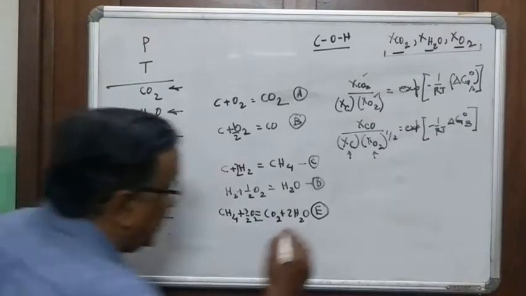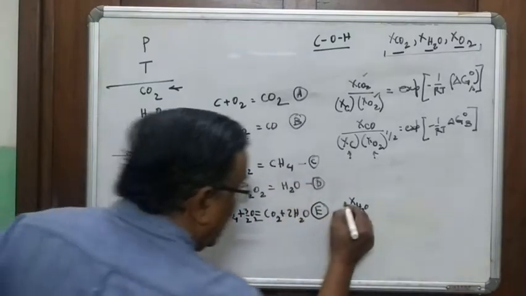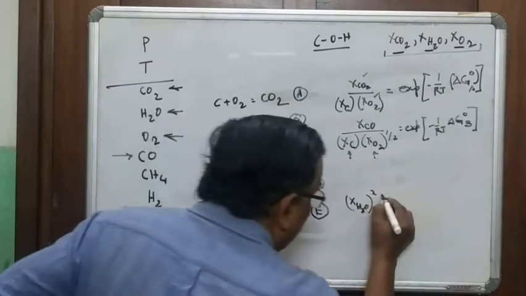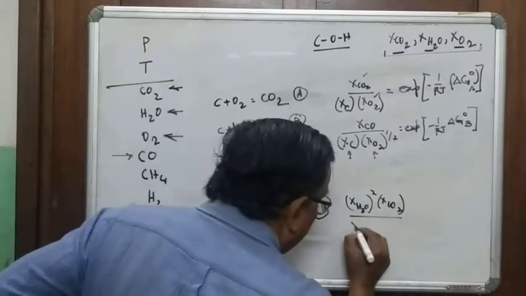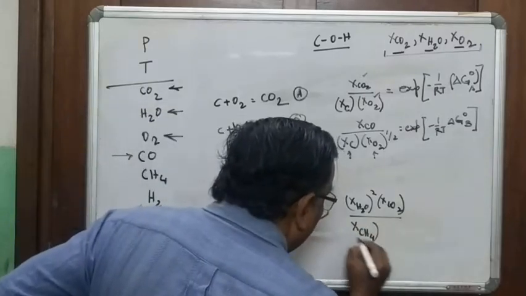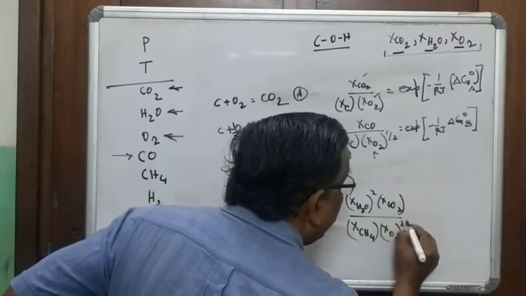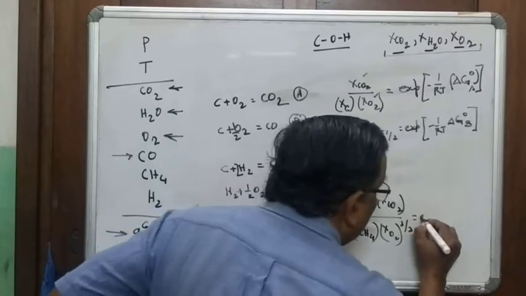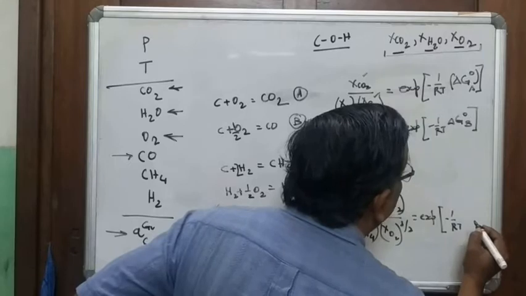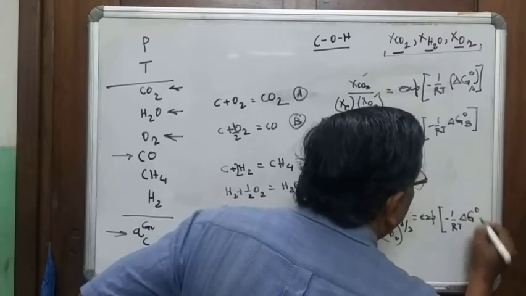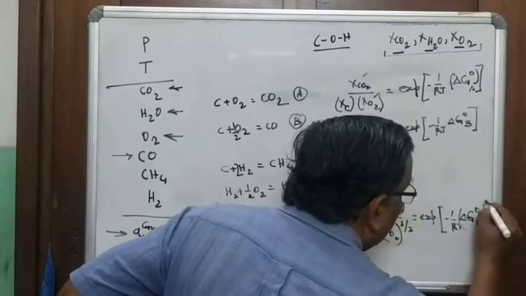Now you see here, I can write XH2O whole squared into XCO2 divided by XCH4 into XO2 to the power 3 by 2 is equal to exponential minus 1 by RT delta G0 E. Do you see that?